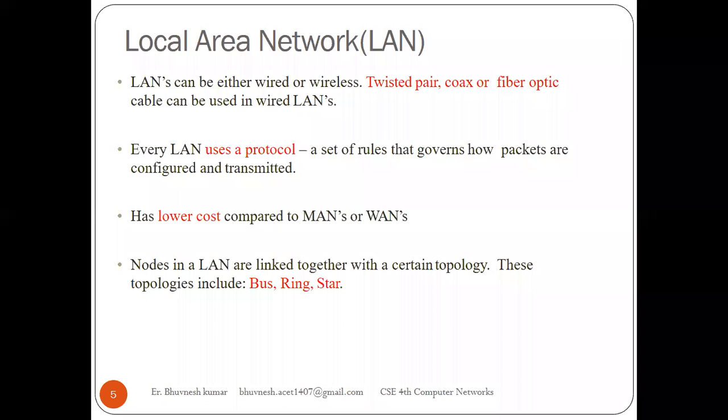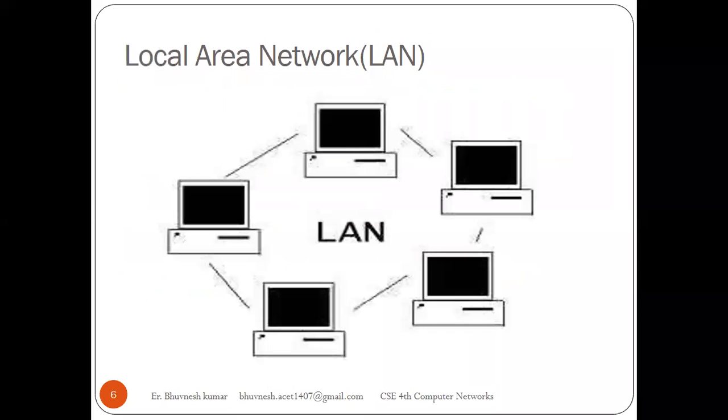These six topologies we will study in our next topic. Each and every network is created by a topology. Your local area network is linked together with a certain topology, and those topologies are bus, ring, and star. These are the three topologies in which your local area network is created.